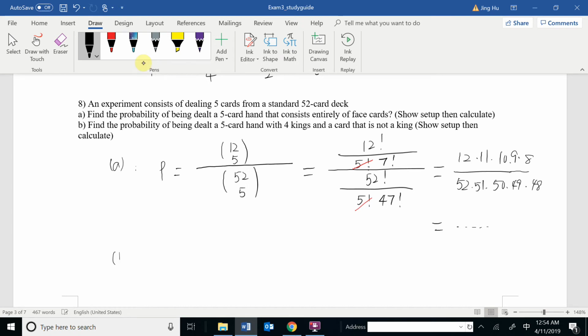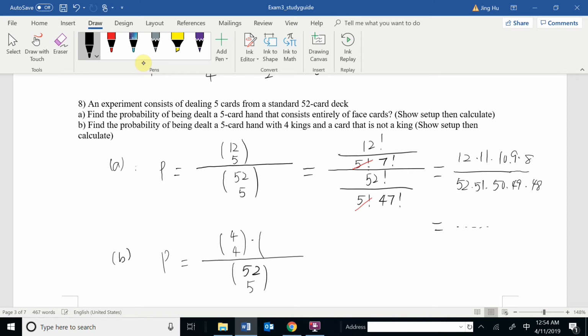Now let's do B. For B, the probability: you also need to get 5 cards. So the denominator is 52, get 5 cards. The numerator is you have total 4 kings. You want to get 4 kings. And one more card is not a king.